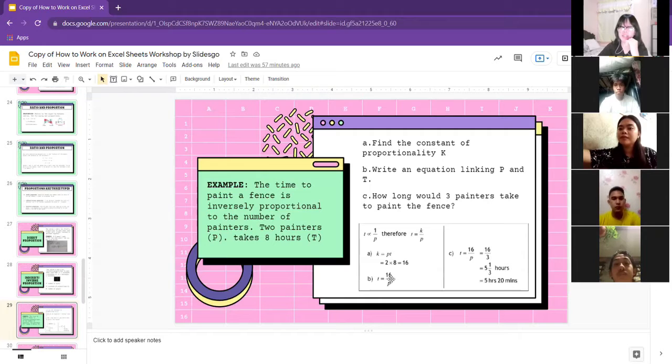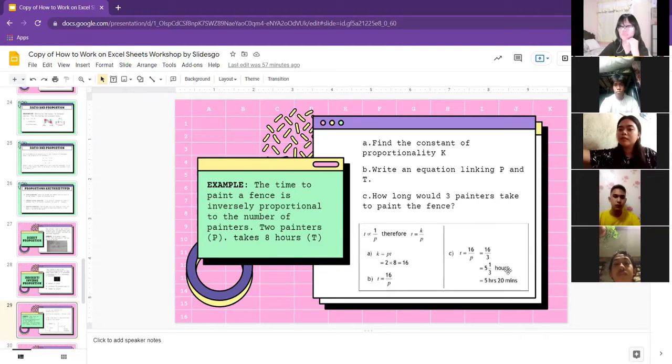So i-rewrite lang ulit natin yung 16, pero ngayon hahanapin naman natin yung denominator niya. So, yung denominator niya, yun yung hinahanap nating 3 painters. So, i-rewrite mo 16 over 3. Kapag dinivide mo to and gagawin mo siyang mixed number, ang makukuha mo is 5 and 1/3.